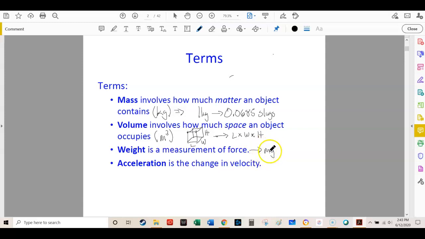So an object's weight is its mass in kilograms times the acceleration in meters per second squared, and that is also called a Newton.